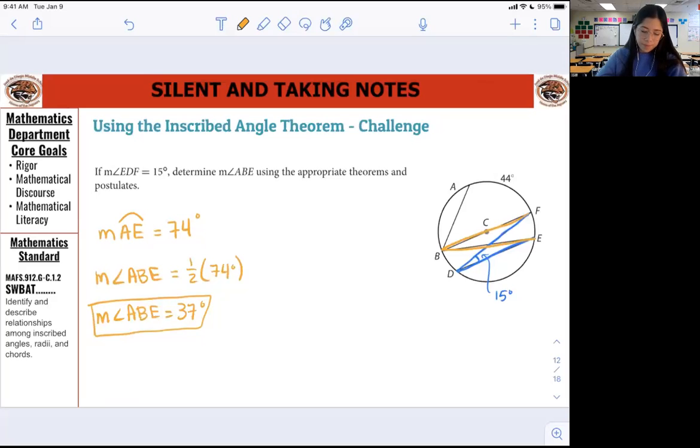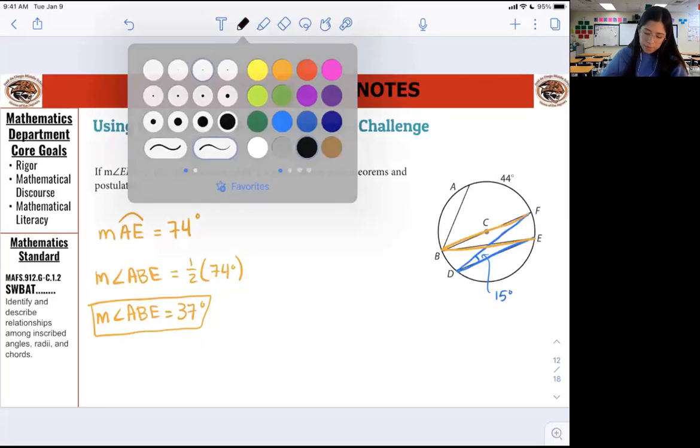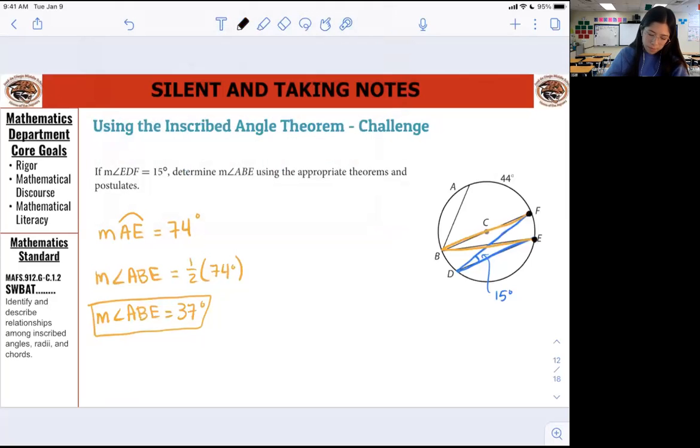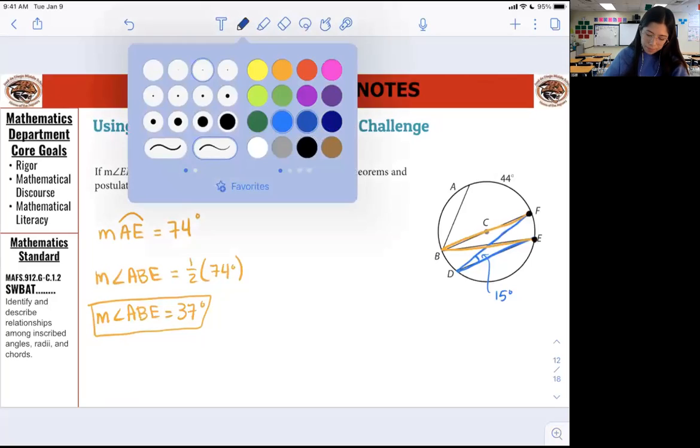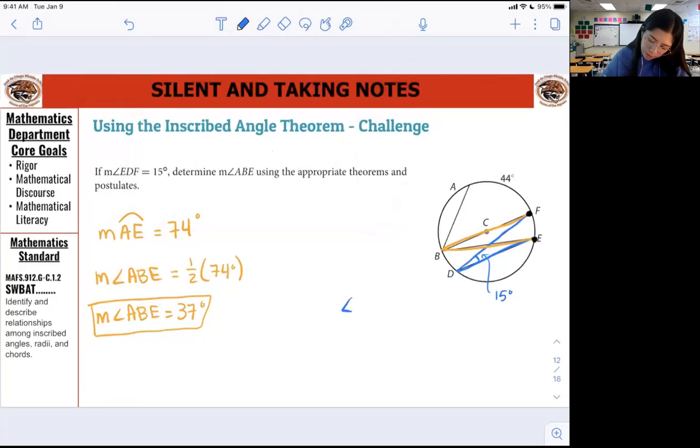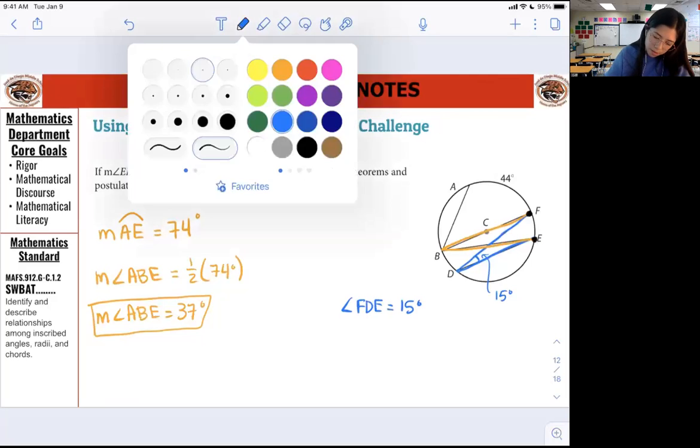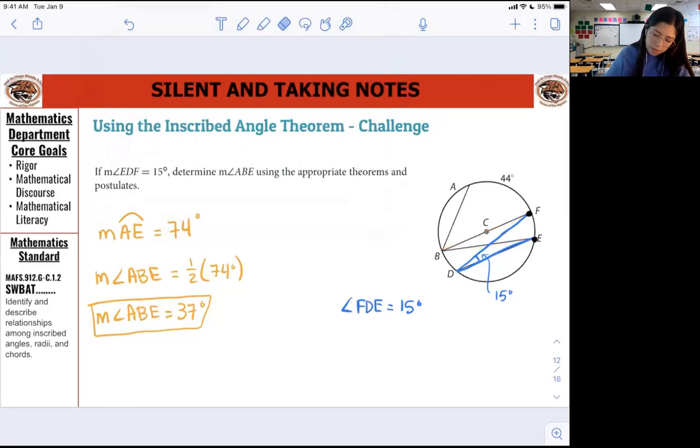So if FDE equals 15 degrees, I'm not changing the points at all. I'm just moving it over, if you can think about it that way. So how much is FBE?